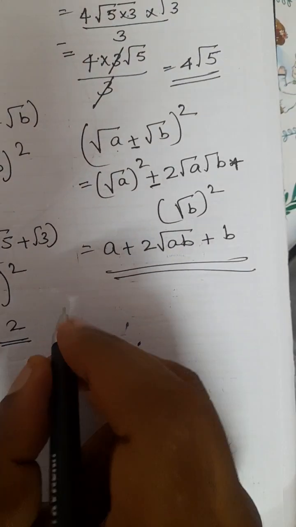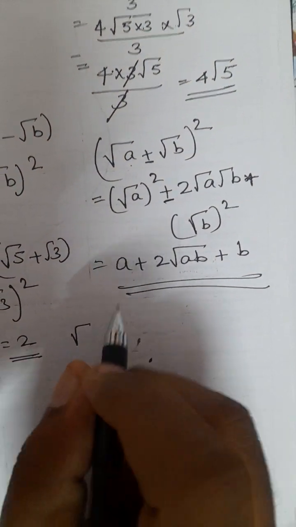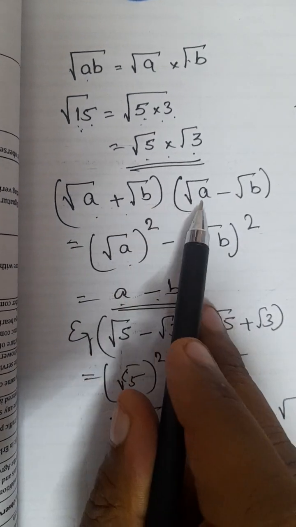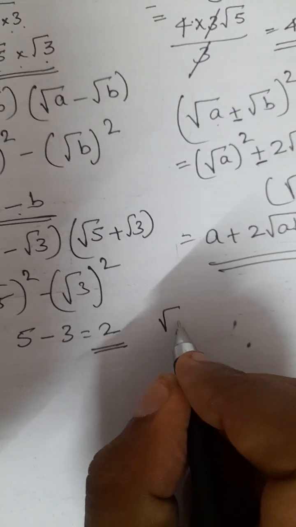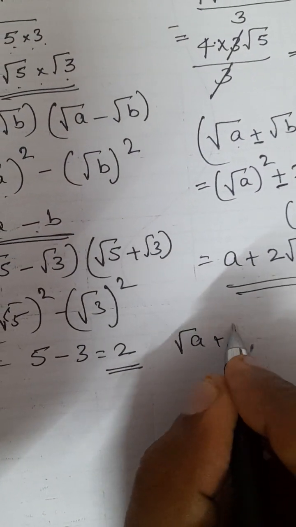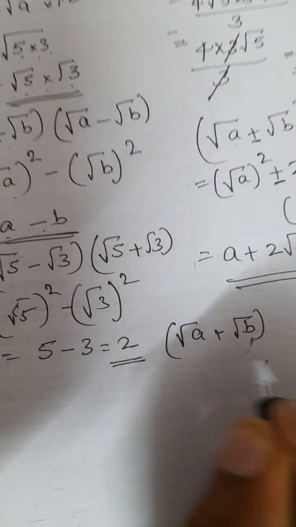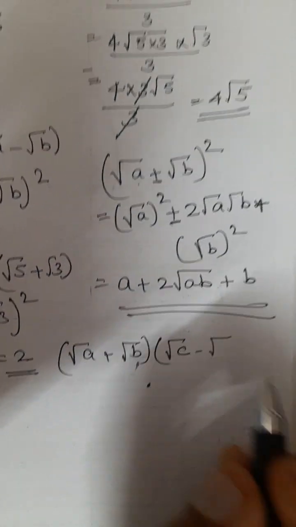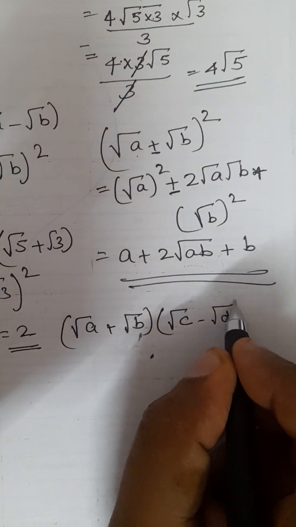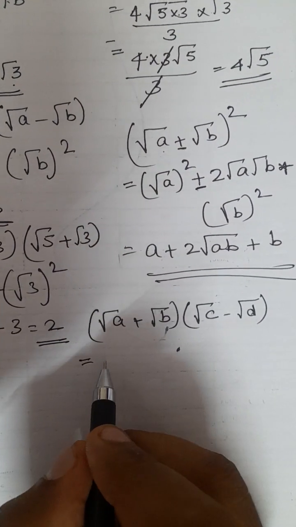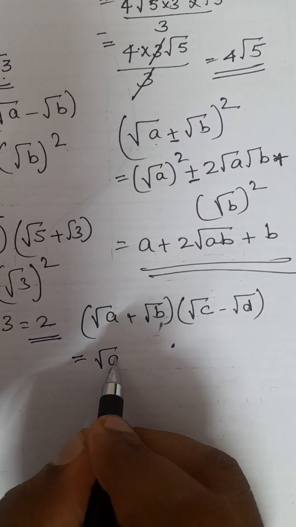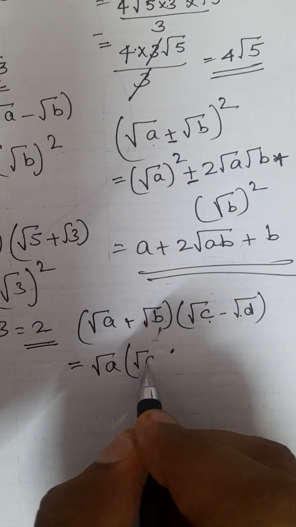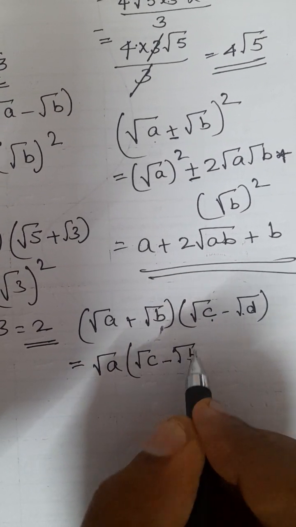You have another important thing to remember. Now in this case they were similar, a and b, a and b. Now when it is not similar, it is root a plus root b, and I am having here root c minus root d. So in this case what happens, this is root a into root c minus root d.